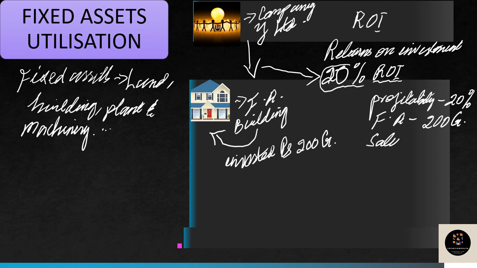Let's put sales of 50 crore. The profit margin and the profitability of the business are similar, okay. Profit margin is the profitability of the business. The term is similar, so 20%. So here profitability is 20% and profit margin is 20%.